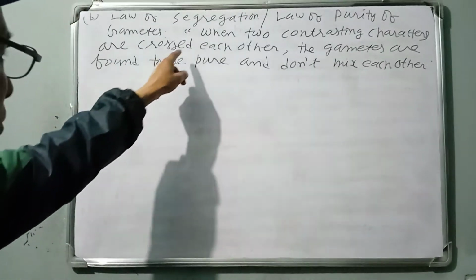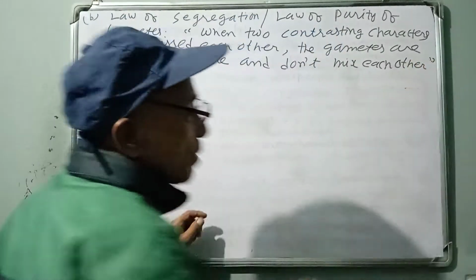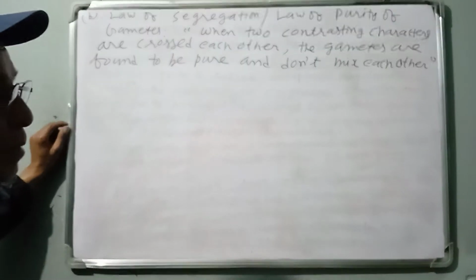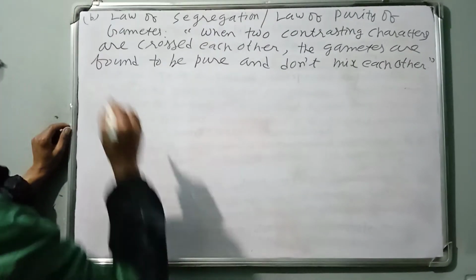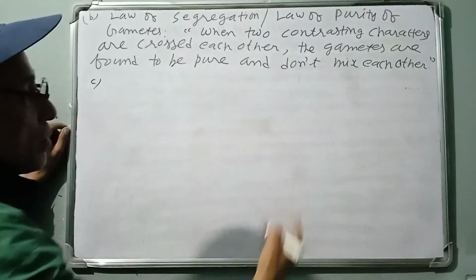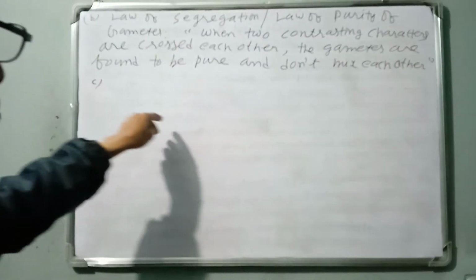See, gametes are pure and gametes don't mix each other, like tall and dwarf, red and white, etc. Law of purity of gametes or law of segregation. Gametes are pure and they don't mix each other.